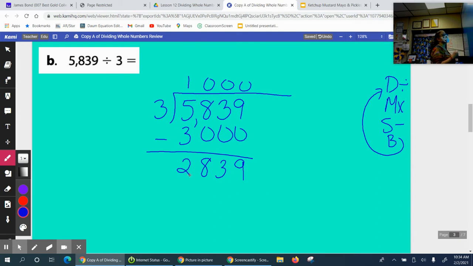All right. So how many 3's are in 2? None. How many 3's are in 28? 9. 9 times 3. Oh, and 28 is in what place value? The hundreds, right? So I need 900, right?